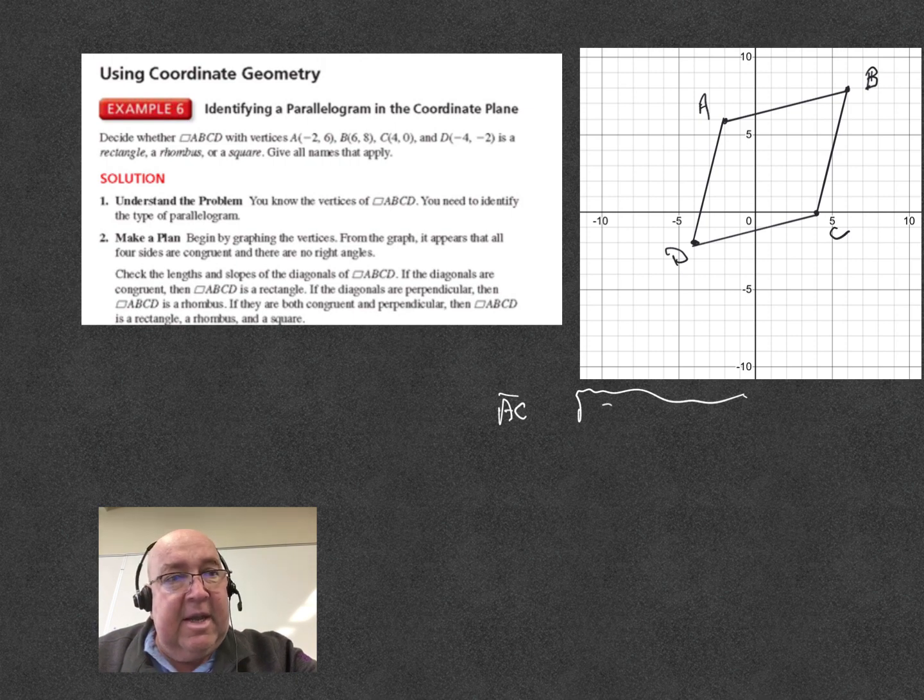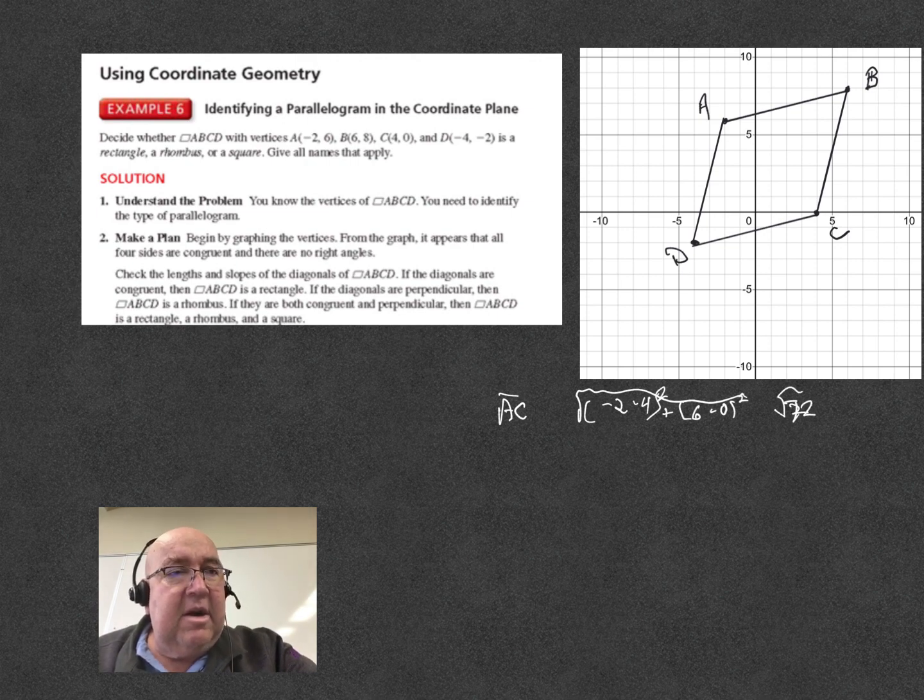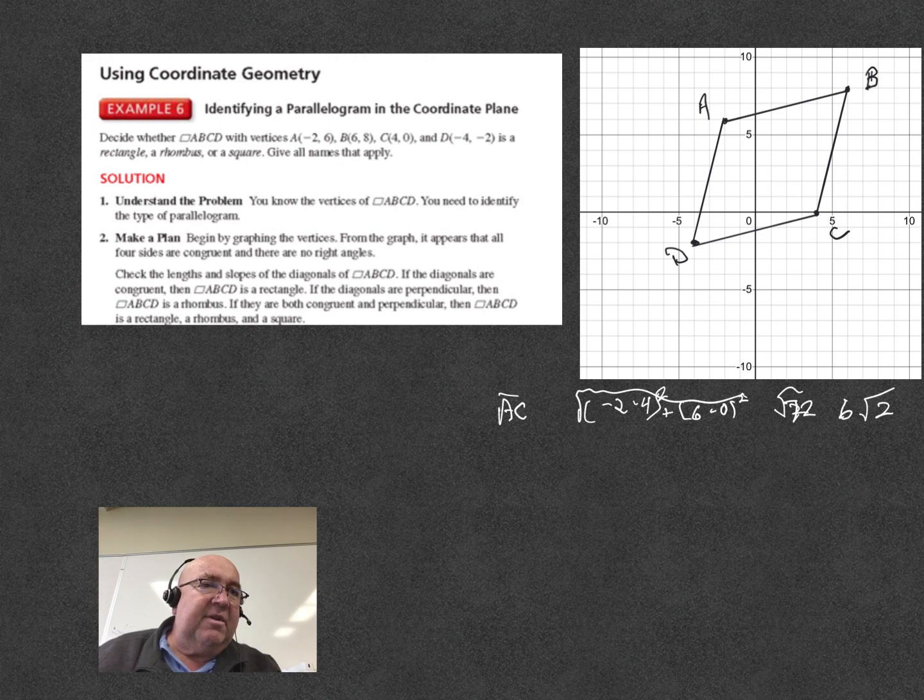We're going to take -2 minus 4 and square it, and 6 minus 0 and square it, and we're going to add those together, and we get square root of 72. And that can be reduced to 6 square root 2, because you could have the square root of 36 and the square root of 2 come out of that as factors, and then the square root of 36 is 6.